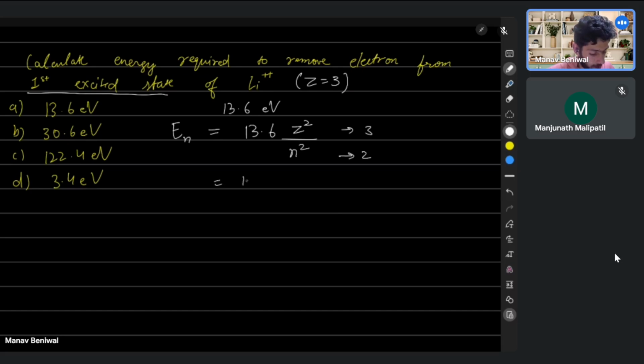So this will be 13.6 multiplied by 9 divided by 4, which is 13.6 multiplied by 2.25.